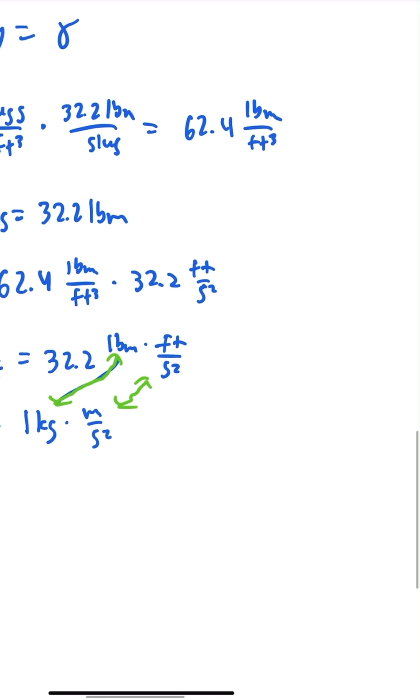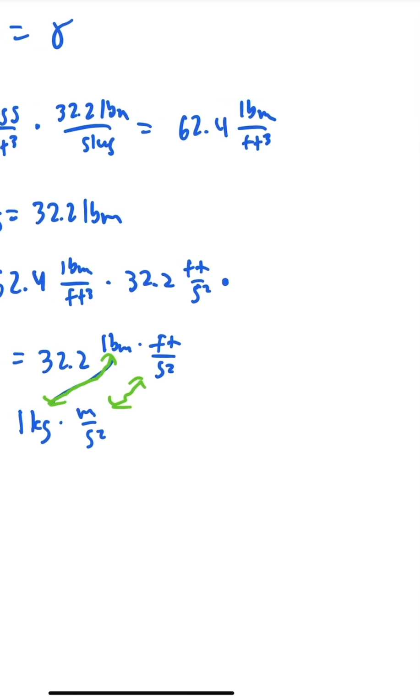Then we have to say that 1 pound force is equal to 32.2 pound mass times feet per second squared.